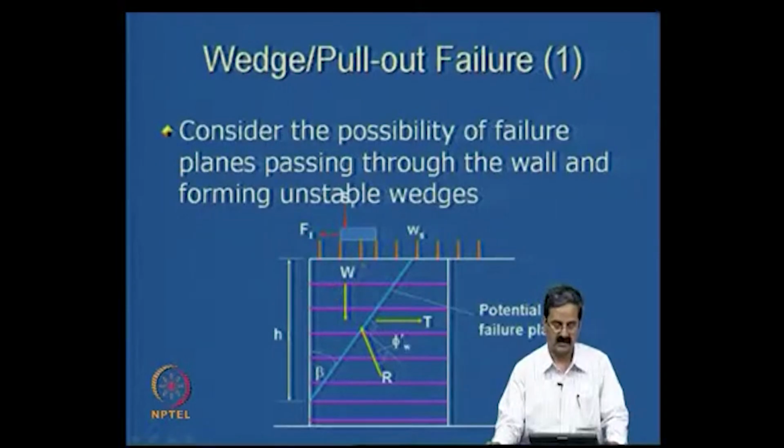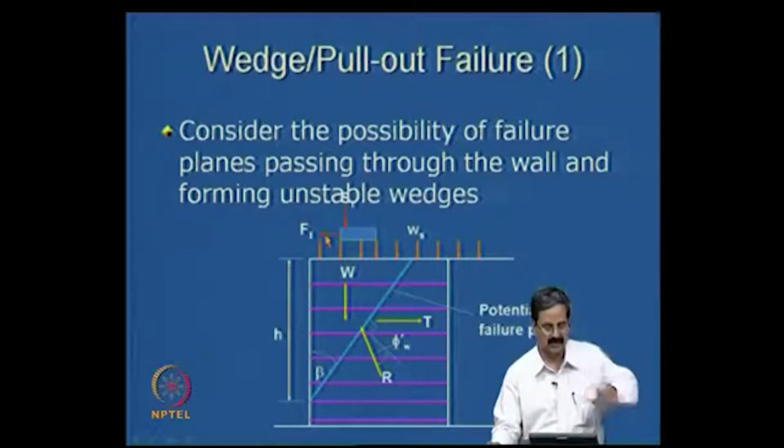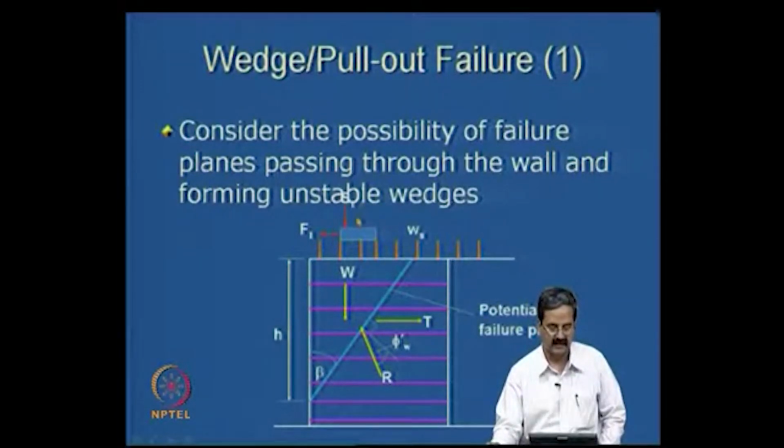Okay, if you know the weight acting, actually this is a horizontal force acting. Imagine that there is a curvature and a vehicle goes like this, there is a component of F1 that is acting, and there is a vertical load acting. So it's like a retaining wall and a flyover, imagine that.